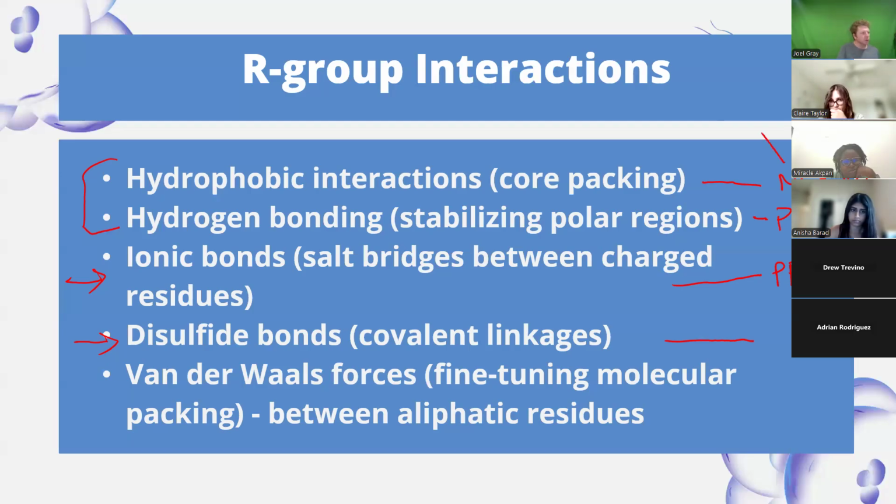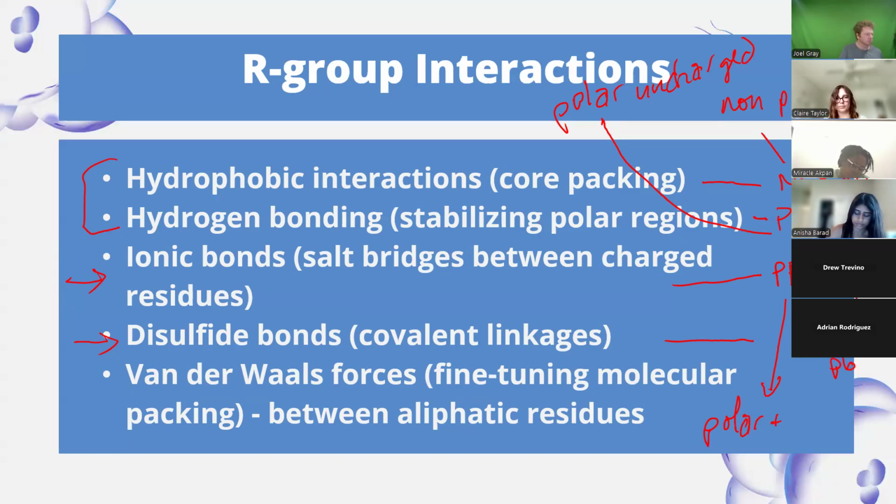NP is nonpolar, and then PU is polar uncharged. And then PP is polar positive. And then PN is polar negative.